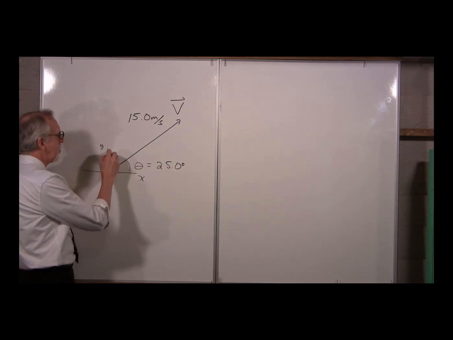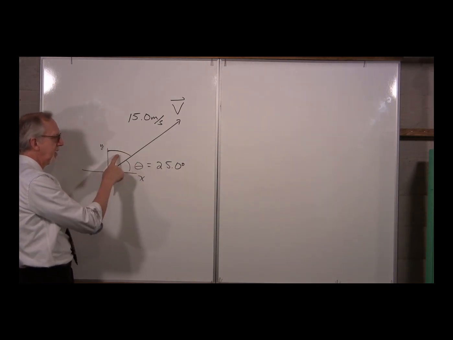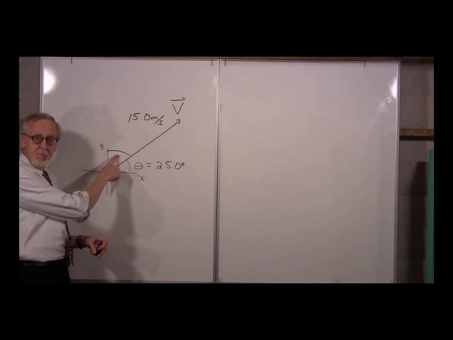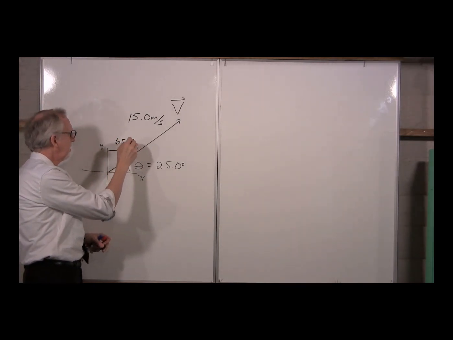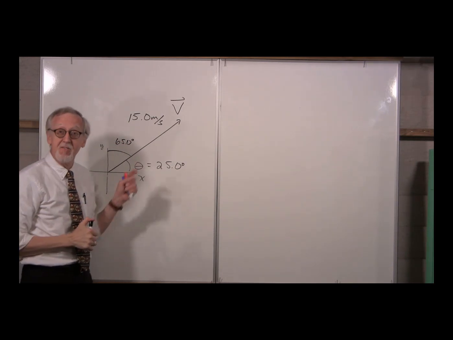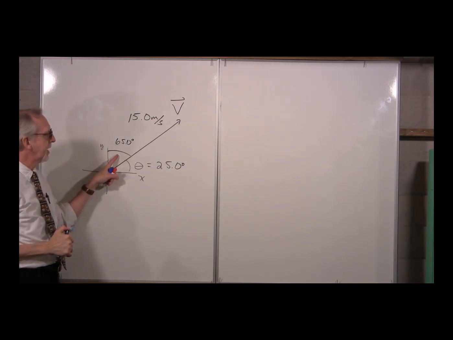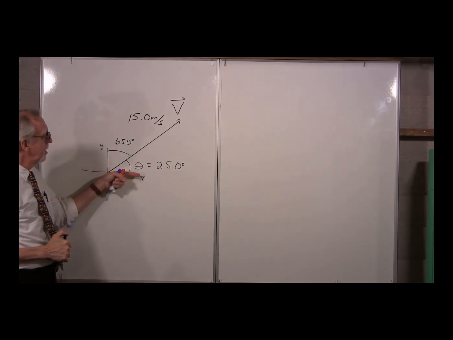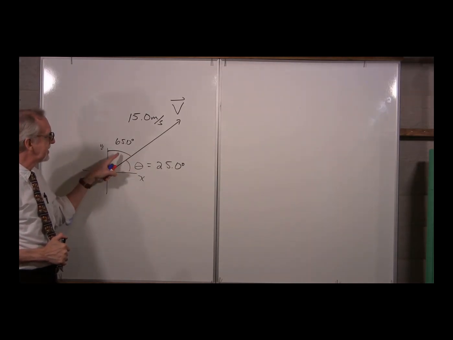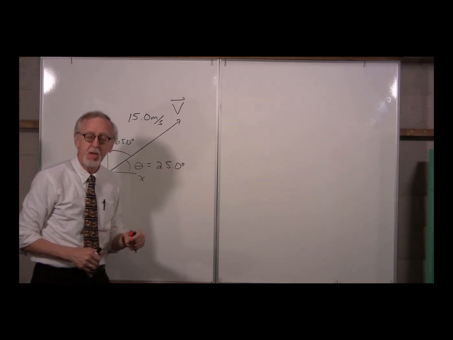We might also say, well, if this angle is 25 degrees, this would be 90 minus 25 degrees. What's that? 65 degrees. We might say that that vector is 65 degrees to the right of the y-axis. 25 degrees above the x-axis, 65 degrees to the right of the y-axis.